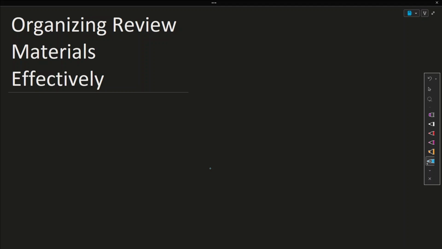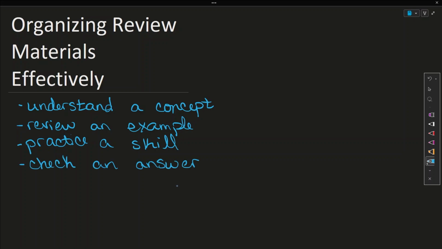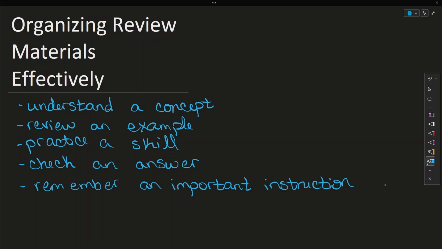The second step is to remove unnecessary materials. More material is not always better. A huge pile of papers can make studying seem overwhelming. Ask yourself whether each item will help you understand a concept, review an example, practice a skill, check an answer, or remember an important instruction.